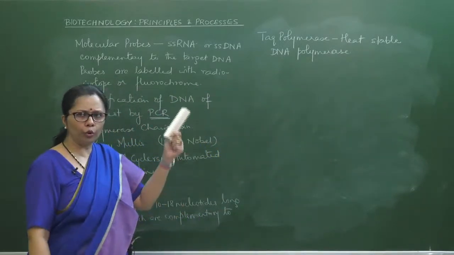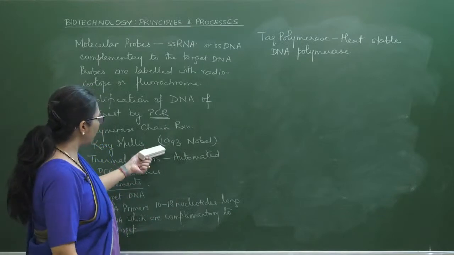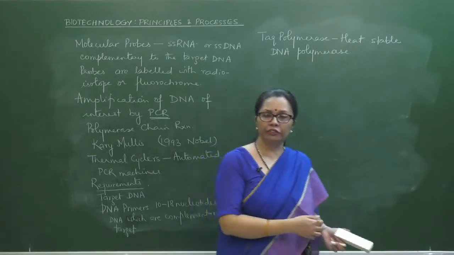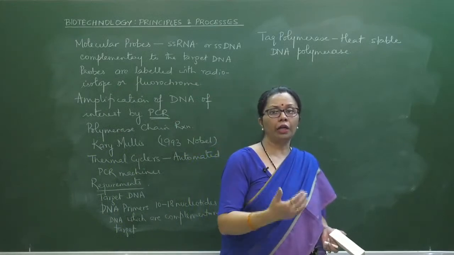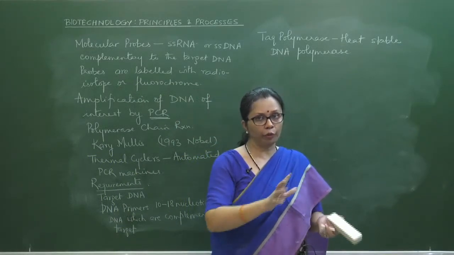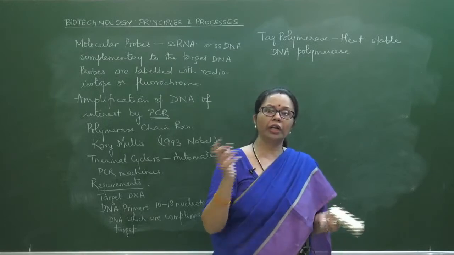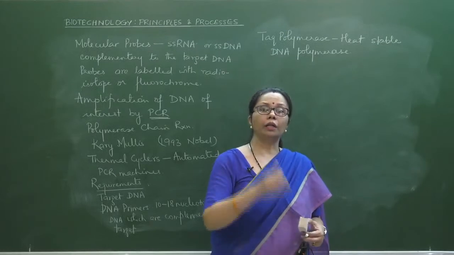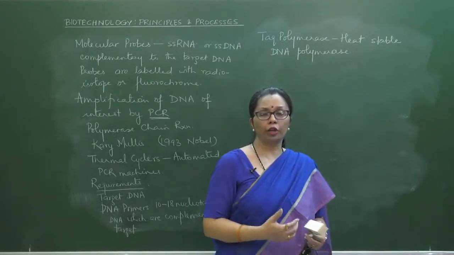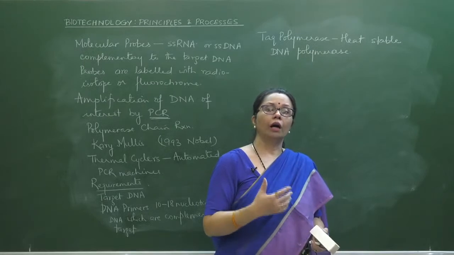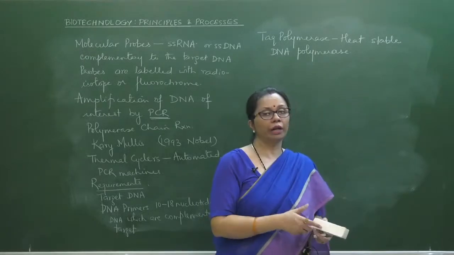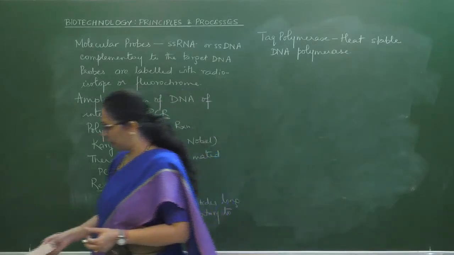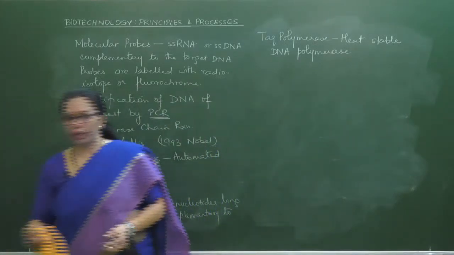When Kary Mullis actually started with PCR, at that time it was a very expensive technique, because with every cycle the DNA polymerase was getting denatured, and new DNA polymerase had to be added. But with this heat stable DNA polymerase discovered, the same enzyme can be used again and again, so the process has become easier and cost effective.